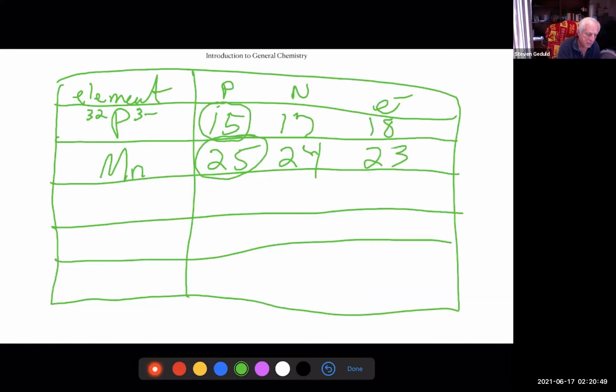So 25 protons, look on your periodic table and look at number 25. What does it say? It should say manganese, right? Yes. All right, perfect. So what's the mass number? What number do you put in the upper left corner? 49. 49, because that's your protons plus the neutrons. And what's the charge on it?